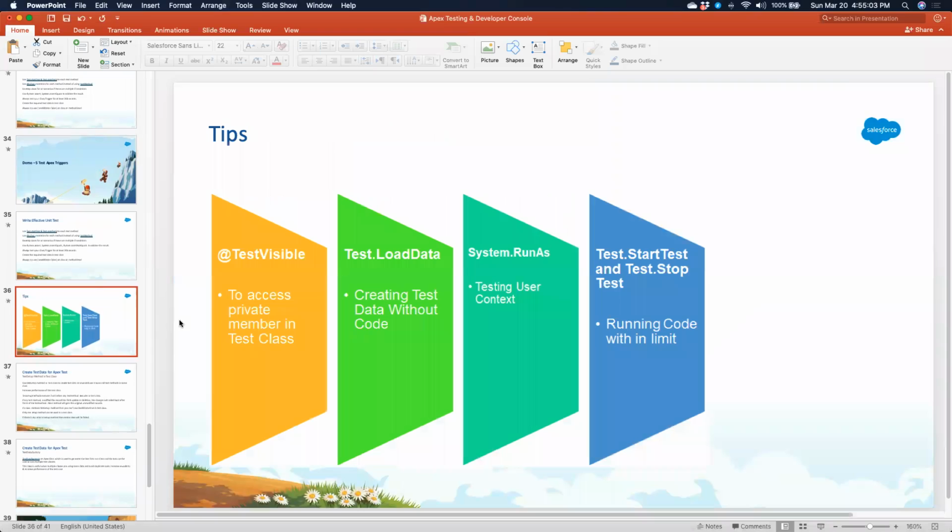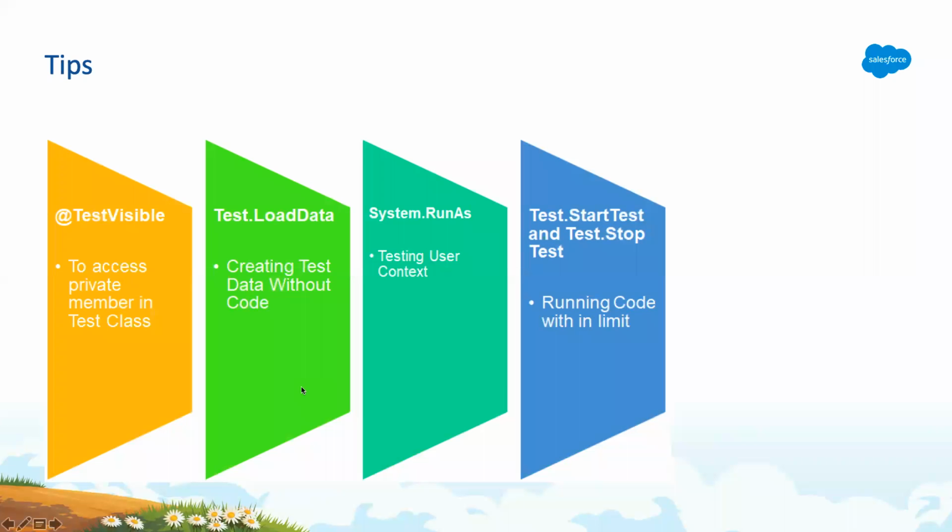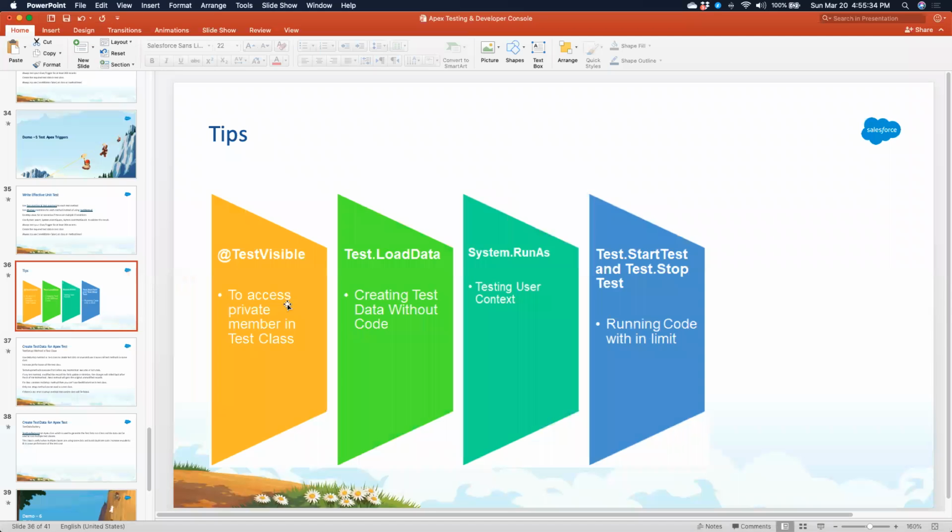Before that, I just need to give some tips, but we have already spoken about them. First tip is use TestVisible to access private members in test classes.